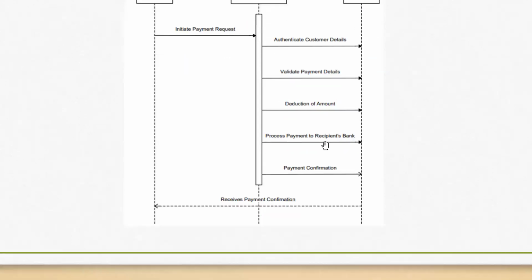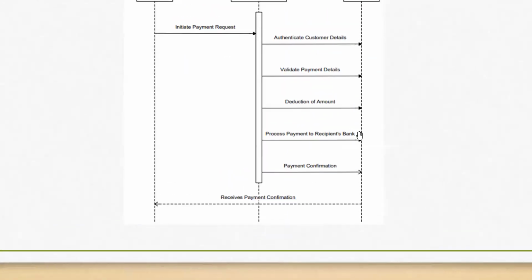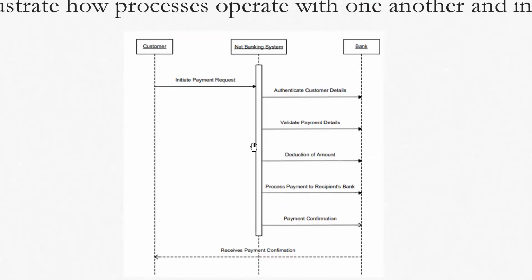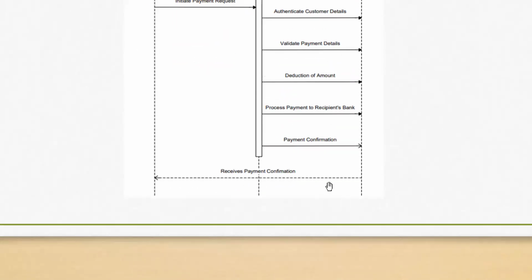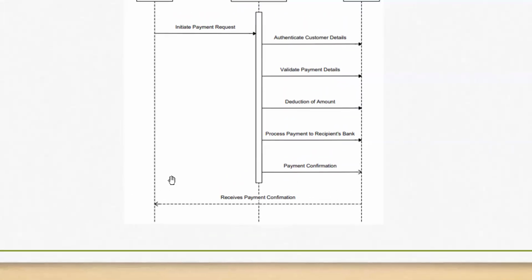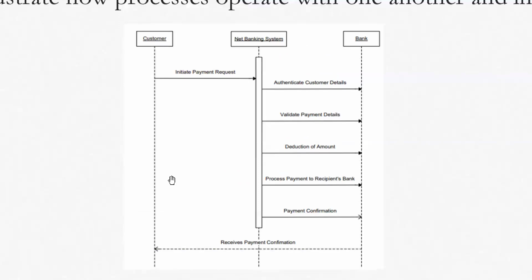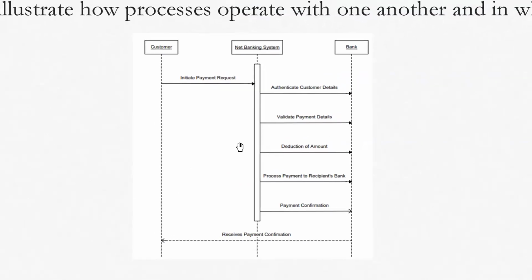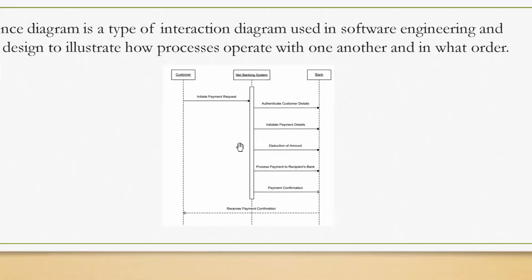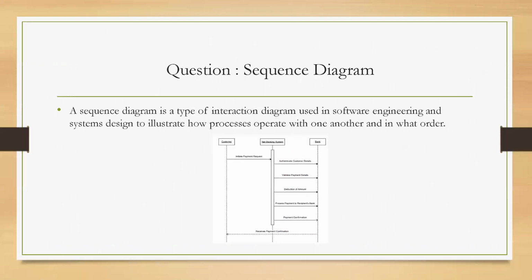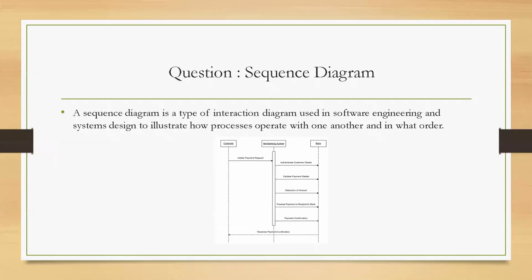If everything is okay, it replies back to net banking, and after the payment confirmation, it replies to the customer that the payment was successful. Each and everything is represented visually in the sequence diagram, like what the internal interactions are. That is how the sequence diagram works, and that you need to design.